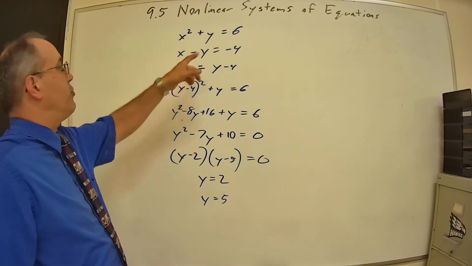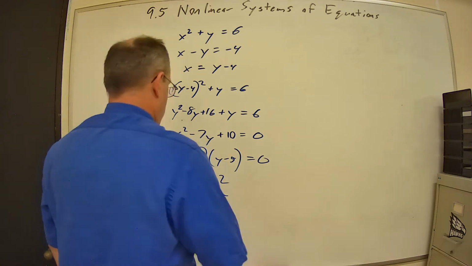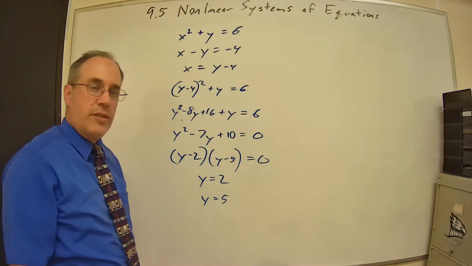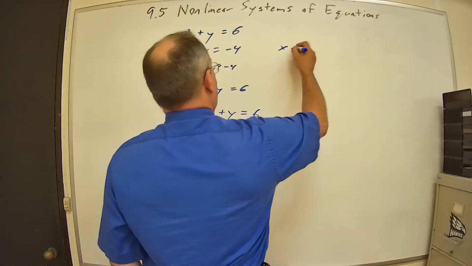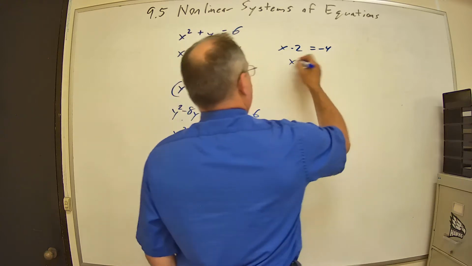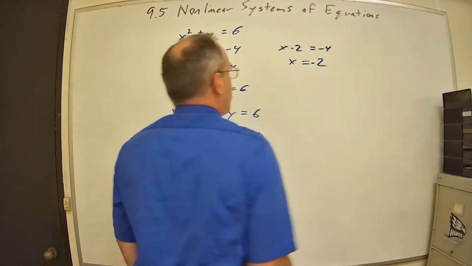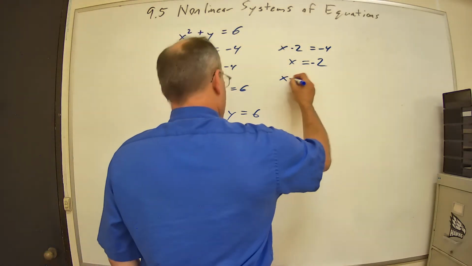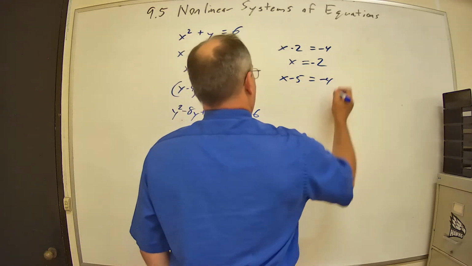I can plug that into one of my original equations and find x. So I'm going to choose to plug into the second one just because that seems a little bit easier. So x minus 2 is equal to negative 4, or x is equal to negative 2. Add 2 to both sides. And x minus 5 is equal to negative 4.